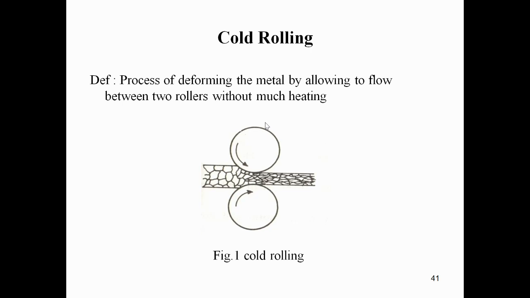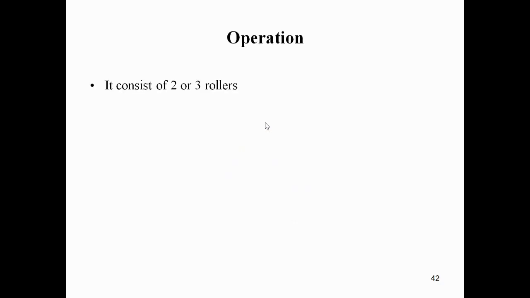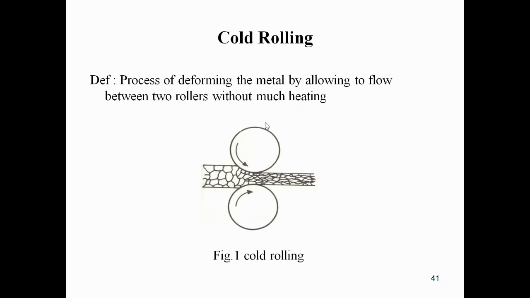For these rollers there is no high temperature. You are just deforming the material by allowing it to flow between the two rollers, so that a refined grain structure will occur.